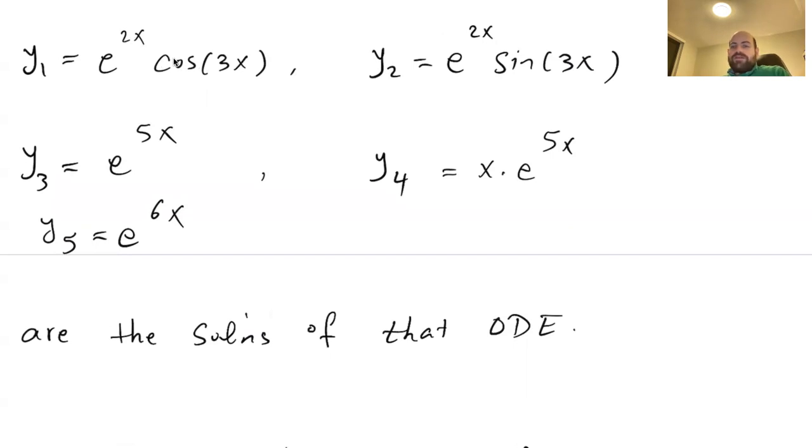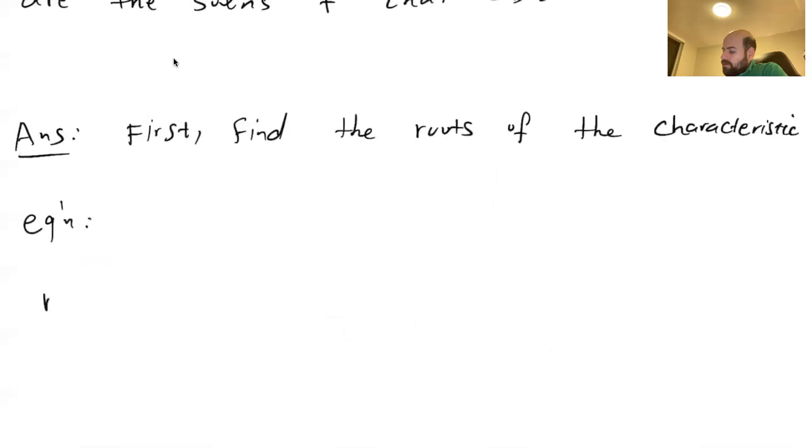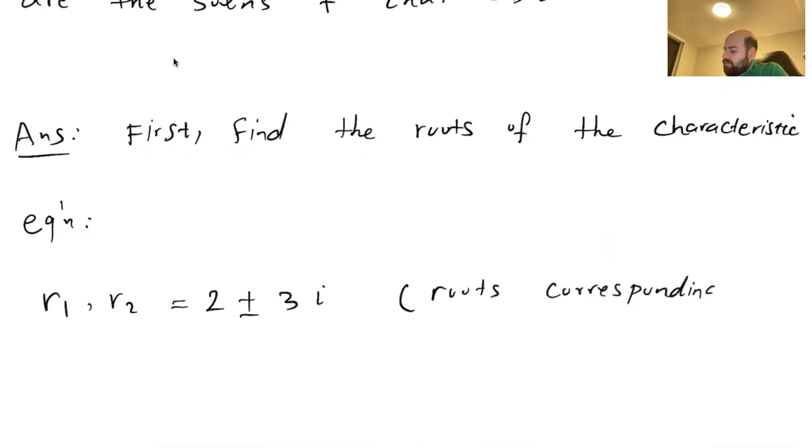Because again, remember, if you have alpha plus minus i beta as roots of your characteristic equation, then the corresponding solutions will be e to power alpha x cos beta x and e to power alpha x sine beta x. So here alpha is 2 and beta is 3. So we have r1 and r2 equal 2 plus and minus 3i. These are the roots corresponding to y1 and y2.